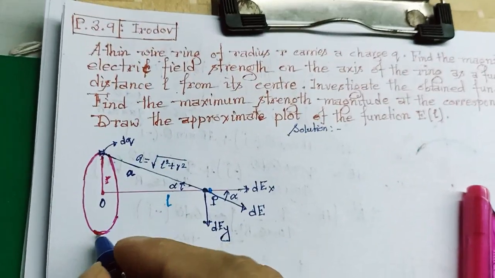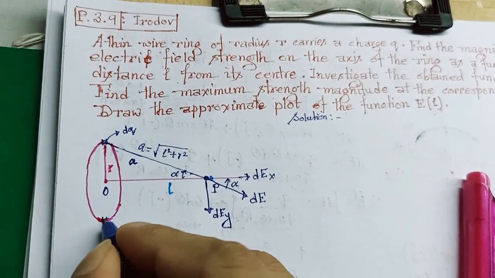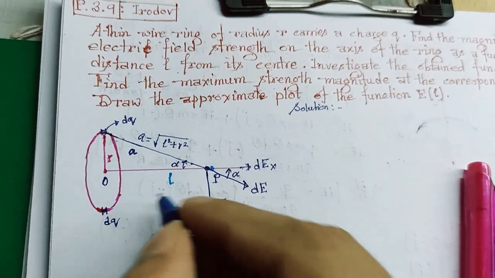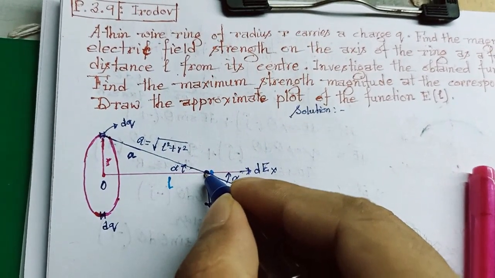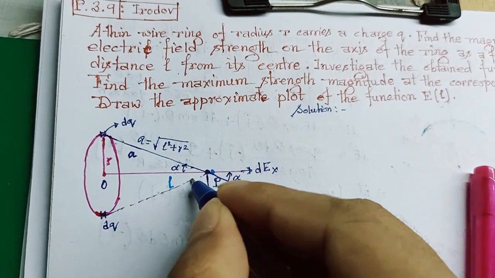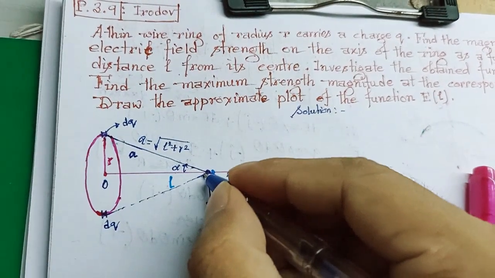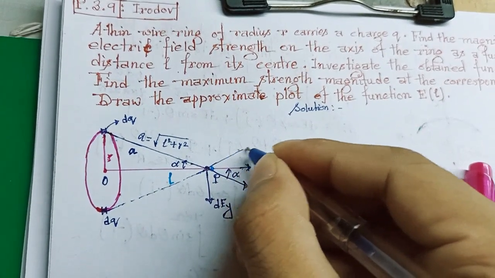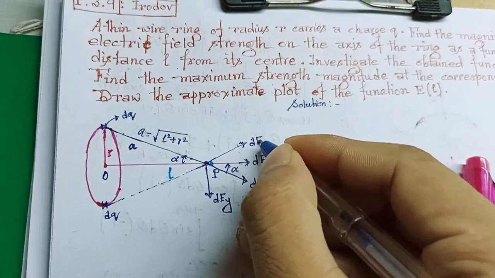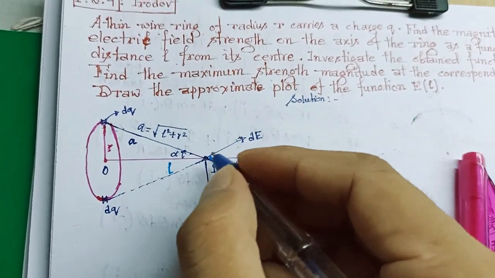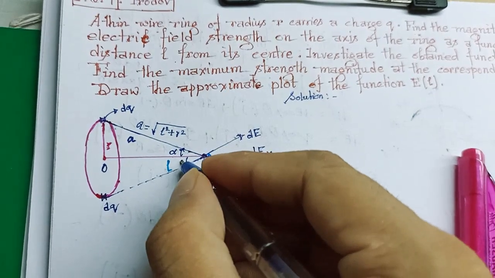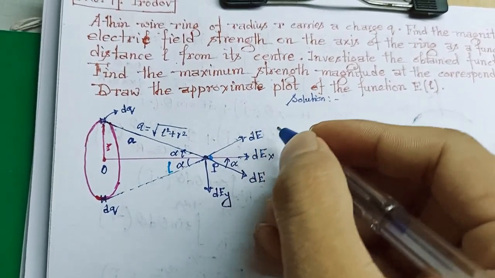Again we can consider an element here of the same charge distribution dq. For this element, similarly we join this line. For this line there will again be a similar small electric field dE. This angle is alpha, and there will be an angle alpha of the same magnitude.